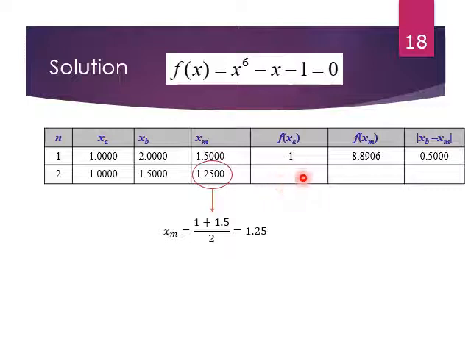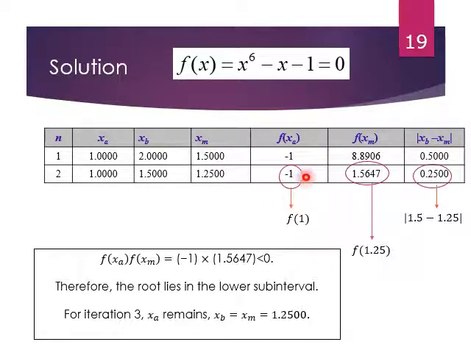Now we evaluate the function at the points xa and xm. When evaluated at xa equals 1, you get minus 1, and at the point 1.25 you get a positive value. Alternatively, you just need to write down the sign only, minus, plus.